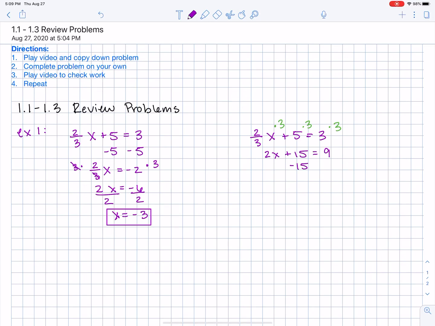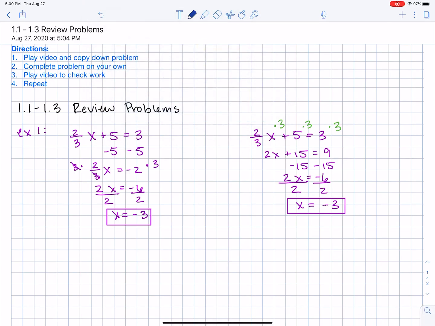Now you use your inverse operations, and we get 2x is equal to -6. You can see on the other side that it's kind of the same steps here, and x is equal to -3. So either way that you did this, you should have come up with x is equal to -3.